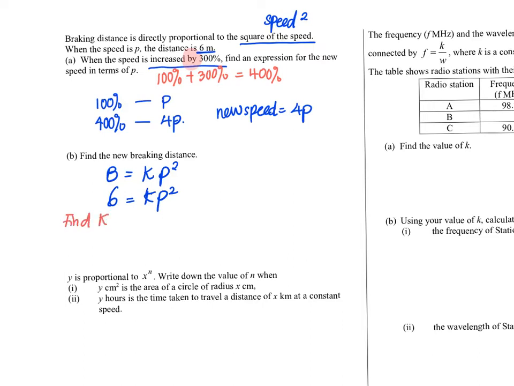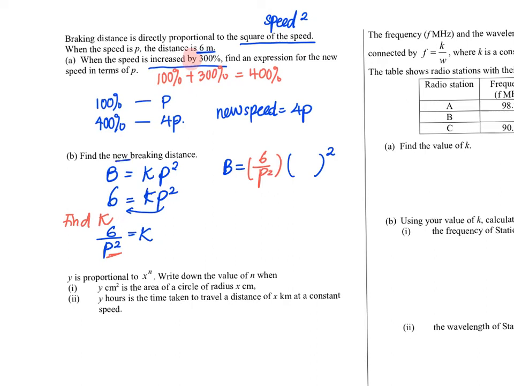Find an expression for k. So I'm going to keep k, and this 6 will move over to become a divide, so k is 6 over p squared. Now my braking distance is given by k times p squared.